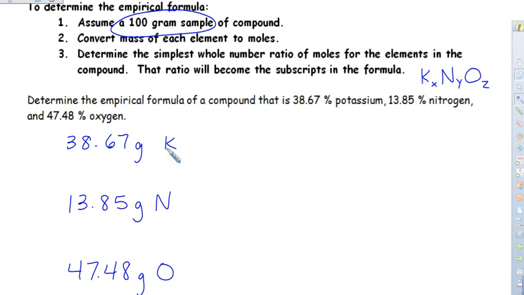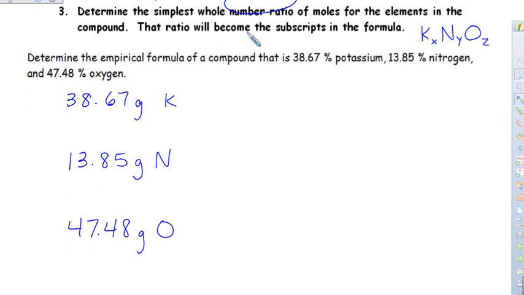So I need to convert this again. I can't leave them in grams. I need a unit that represents an amount of atoms or particles. Moles is perfect. Moles is a unit that represents a quantity of particles.